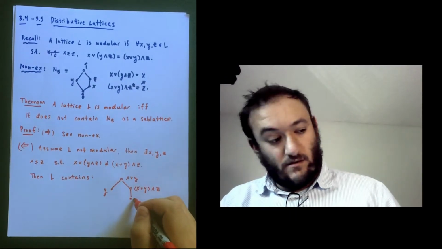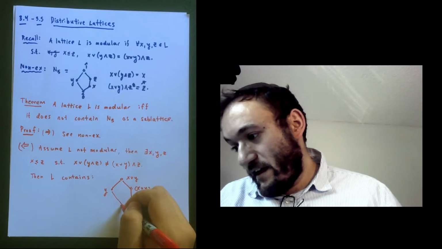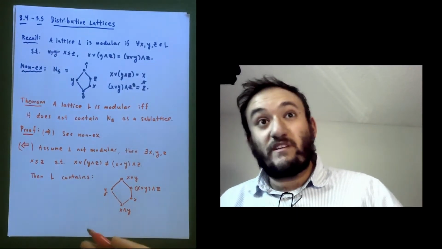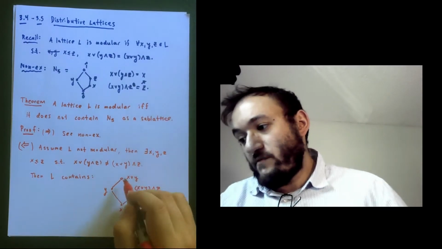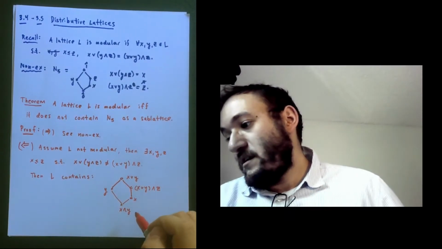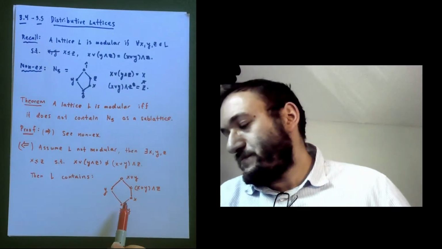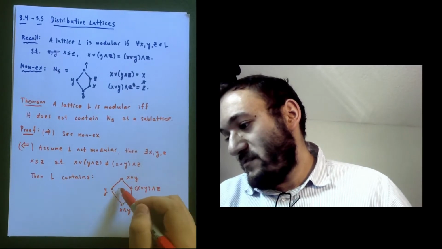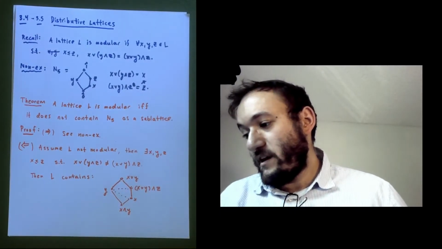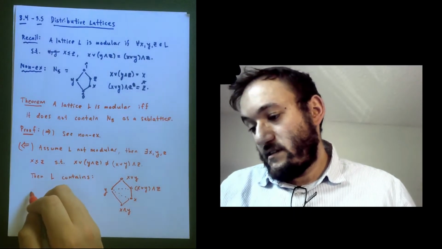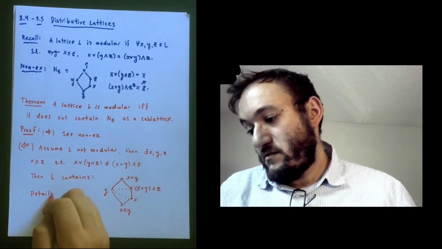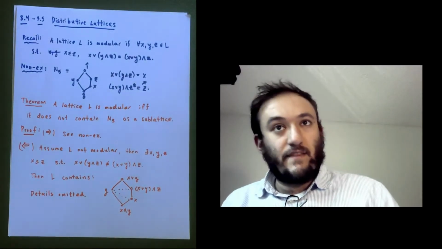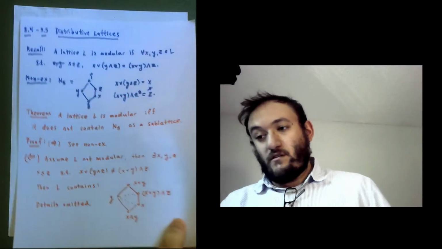This will be x, and then down here we'll have x meet y. Okay? And in order to prove that this is actually a sublattice, you have to show that all of these covering relations hold, or I guess just inequalities hold, strict inequalities, and also that these two pairs of elements are incomparable. Okay? So the details of the proof are omitted. But that's how you would show that this lattice is in there. Okay.